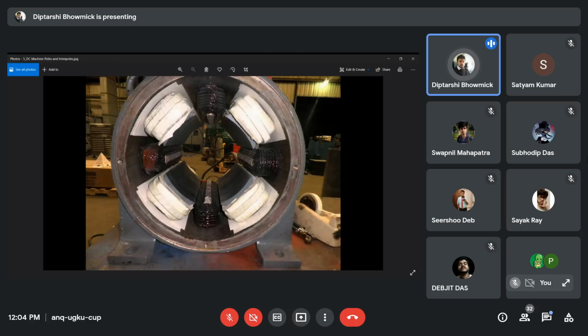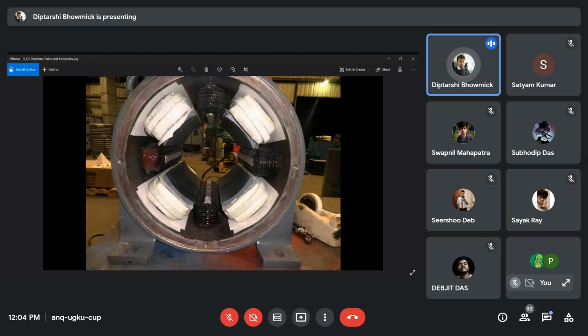So that's why the thin wire is used to keep the current small, and a huge number of turns are there to make the MMF reasonable, so that the MMF does not become very low. To get the required MMF, we have to make the number of turns very high.